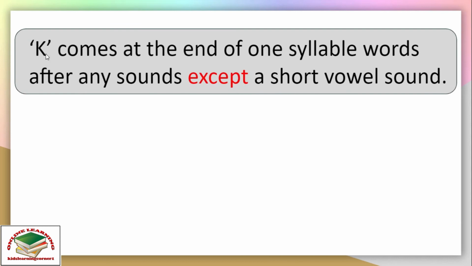Now, remember this rule. K comes at the end of one syllable word after any sounds except a short vowel sound. Milk. Just now we saw it in the example. L, K. Milk.